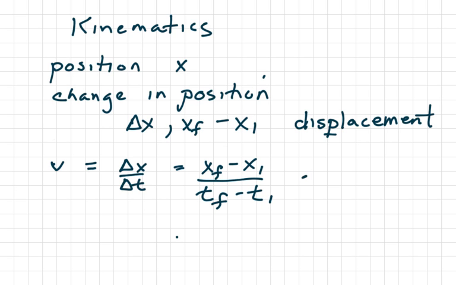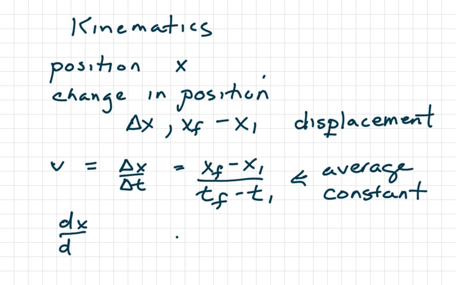And this is for your average velocity, or if it's constant. This is not for an instantaneous velocity when your velocity is changing. For that, we will have to take the derivative. So if we want the instantaneous velocity, we will use dx/dt. Okay, so that's for v instantaneous. I'll put a subscript i.